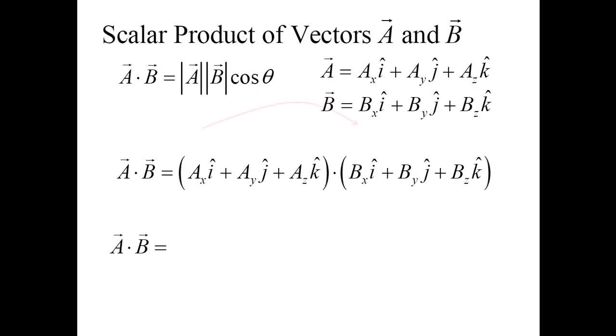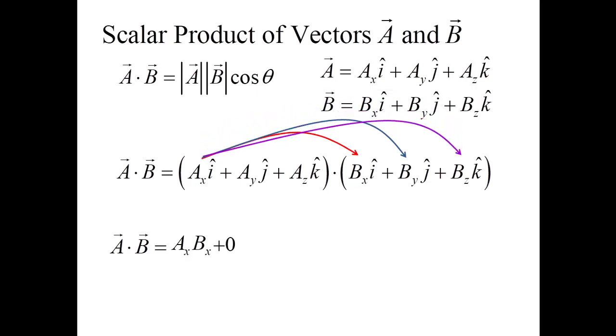So A dot B is equal to AXI dot BXI. Because I dot I is 1, we get AXBX. AXI dot BYJ is clearly 0. AXI dot BZK is also 0. AYJ dot BXI is 0 because of the 90 degrees between J and I. AYJ dot BYJ is AYBY because J with J makes 0 degrees and the cosine of 0 is 1.